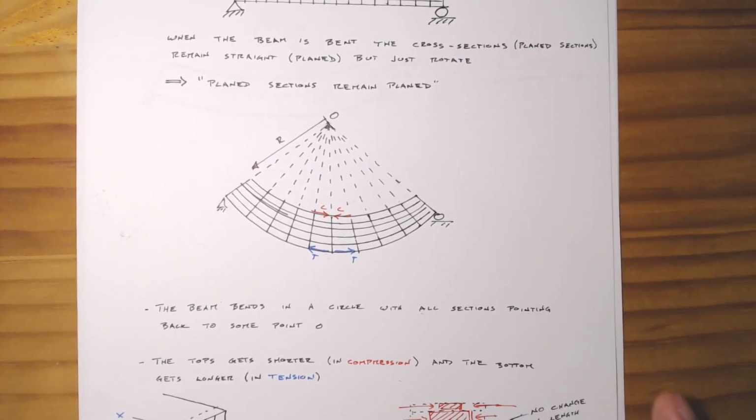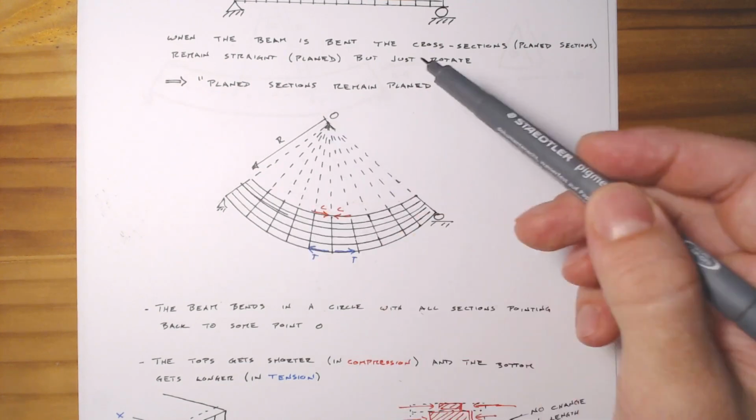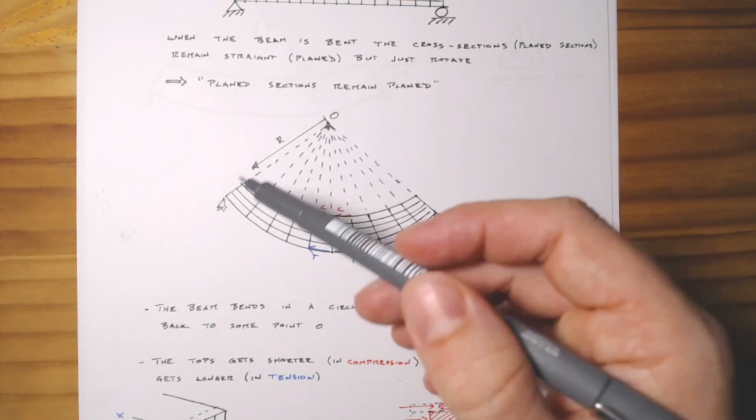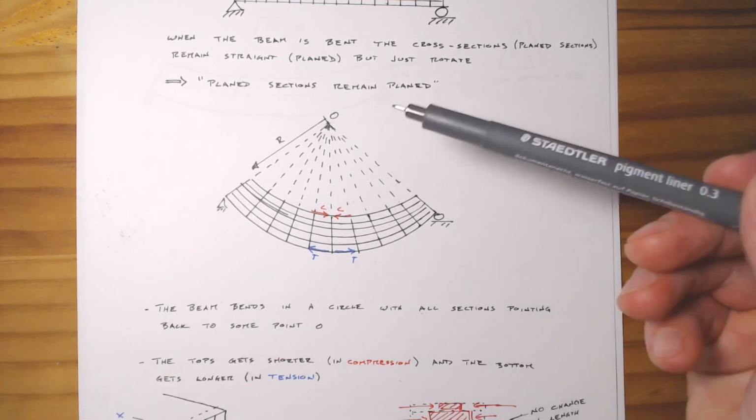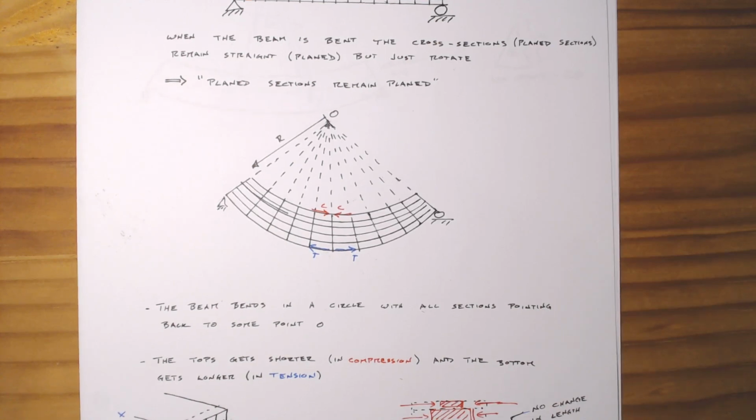And we would call that distance, say, R, for the radius, because it's bending in a circle. And so, as I said, that's our first key insight, that plane sections remain plane.